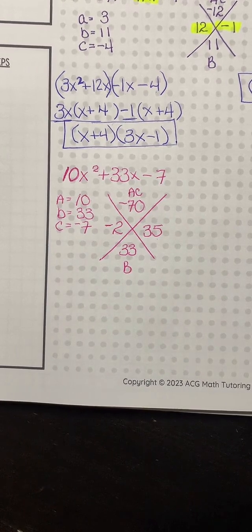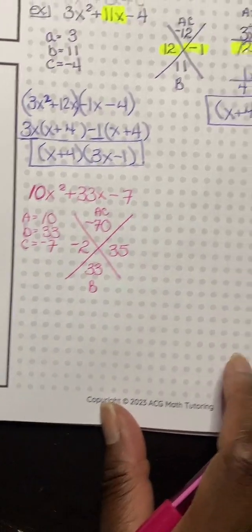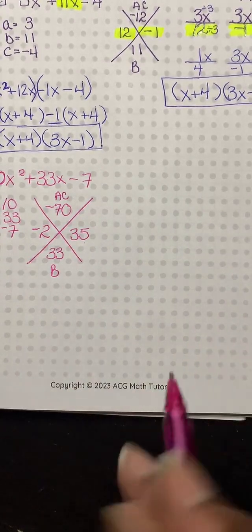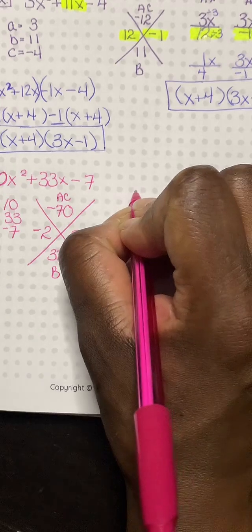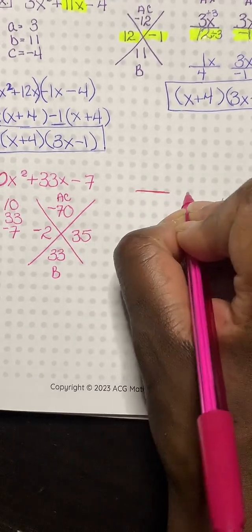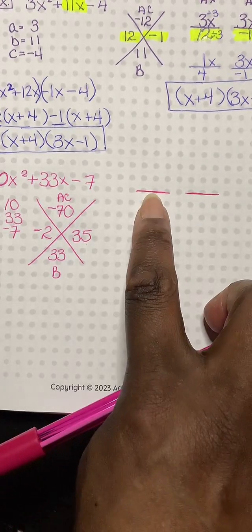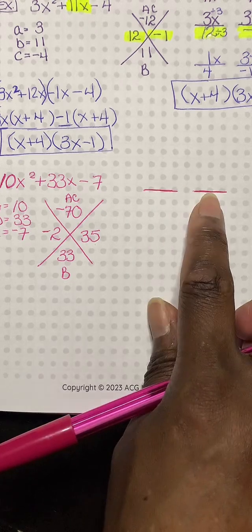Okay, so we got one with the ratios. Okay, let me come in a little bit. So if I do it with fractions, with ratios, you always put whatever your a is and the variable in the numerators.